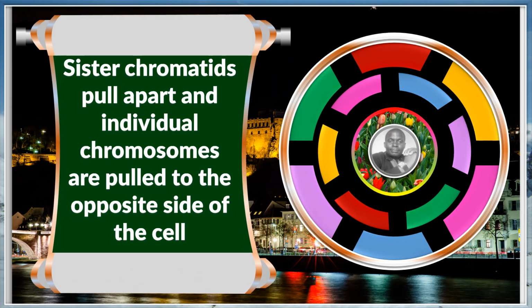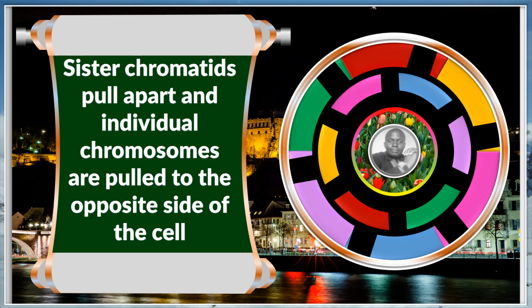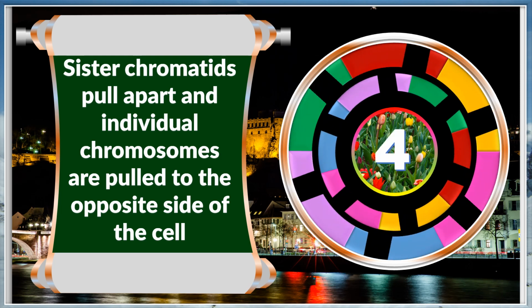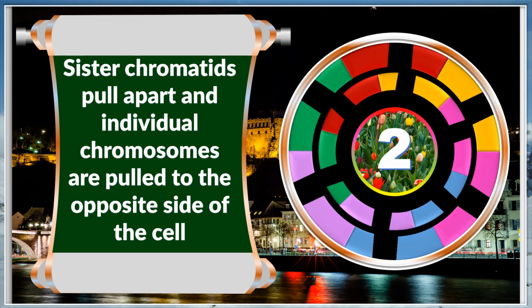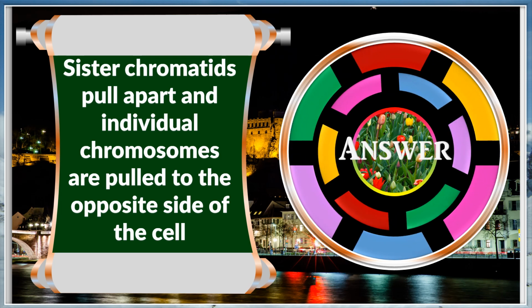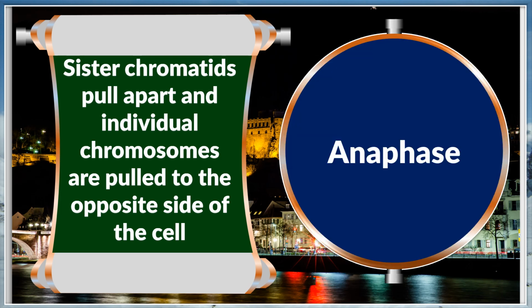Sister chromatids pull apart and individual chromosomes are pulled to the opposite side of the cell. Anaphase.